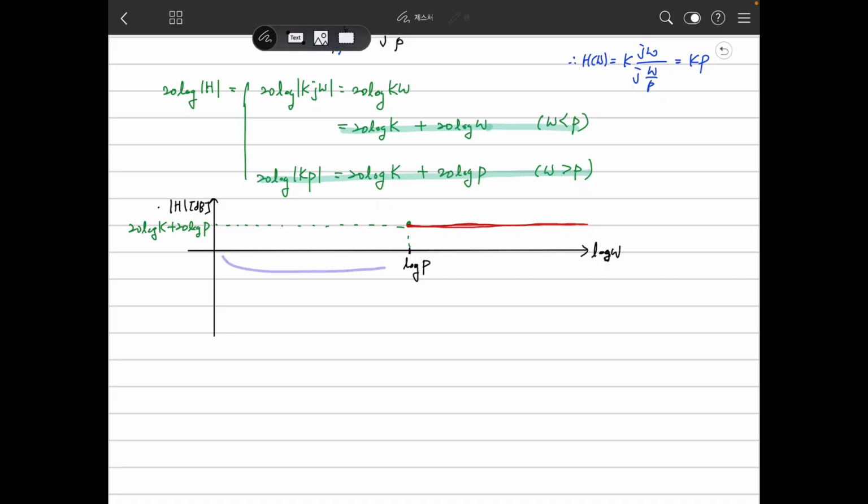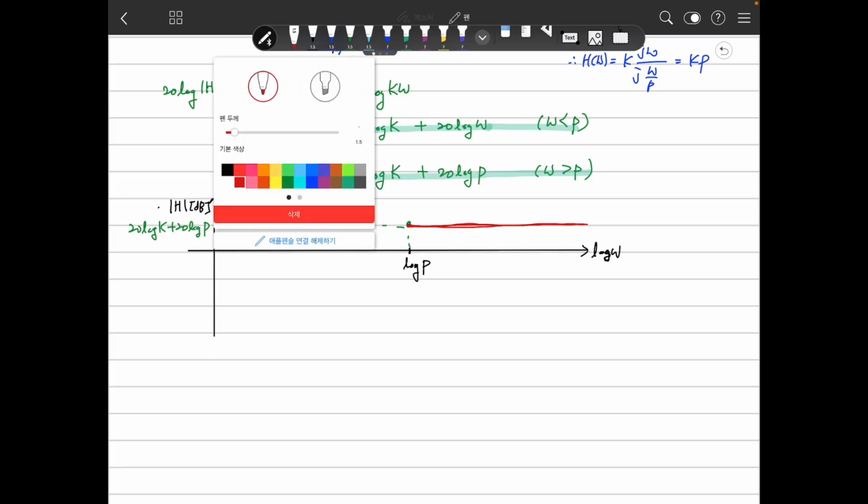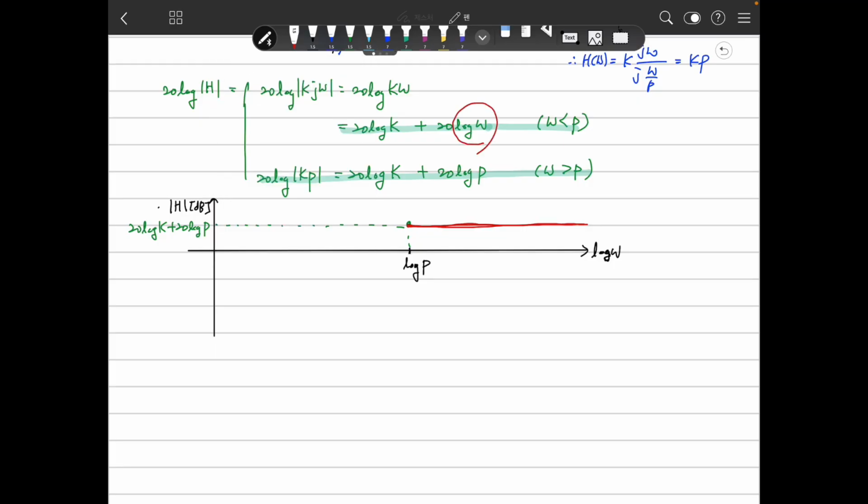And how about this region? This region we will draw in these figures. This is constant, and this is variable.